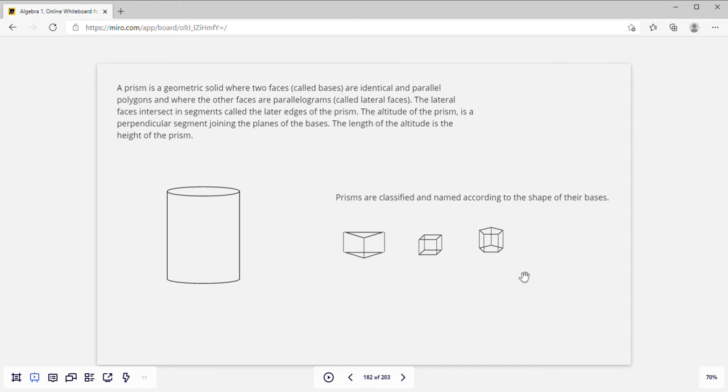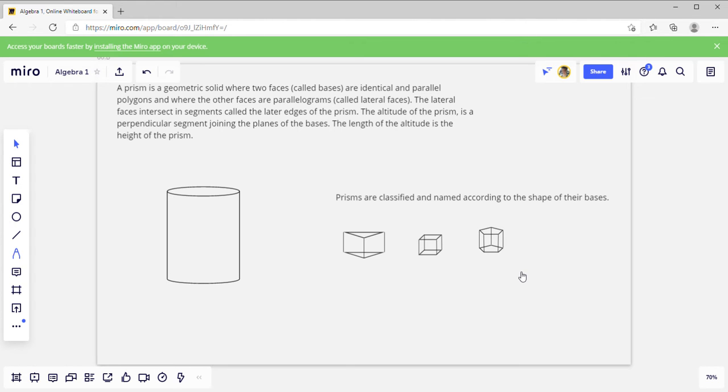Alright, so a prism is a geometric solid with two faces called bases. Right? So our bases are going to be this flat surface here and this flat surface here. Okay? Those are our bases. They're identical and parallel polygons, and the other faces are parallelograms called lateral faces.